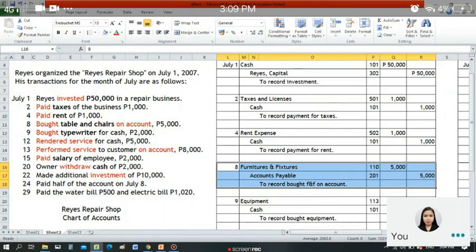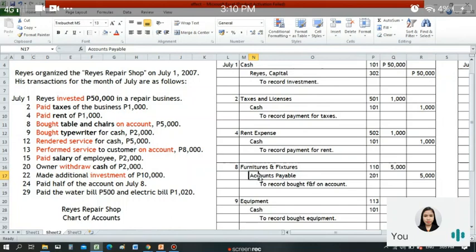On July 24, we paid half of the account on July 8. So you will need to go back on the transaction on July 8. You check your journal entry. You will see a debit of furniture and fixtures amounting to 5,000 and credit accounts payable. Yung accounts payable nasa credit kasi increase siya. Nagkaroon ka ng utang.